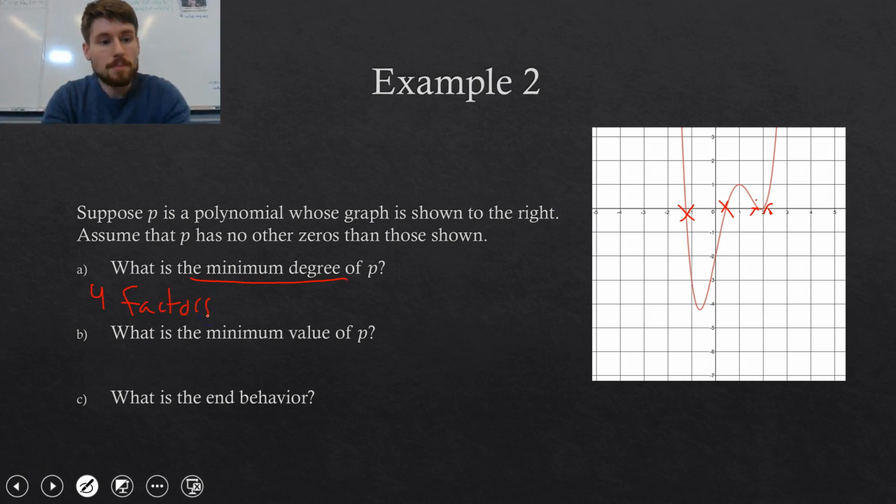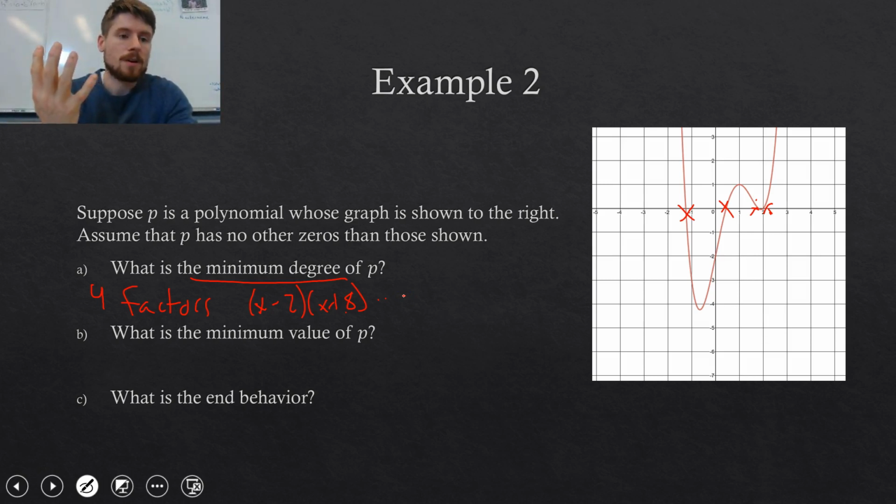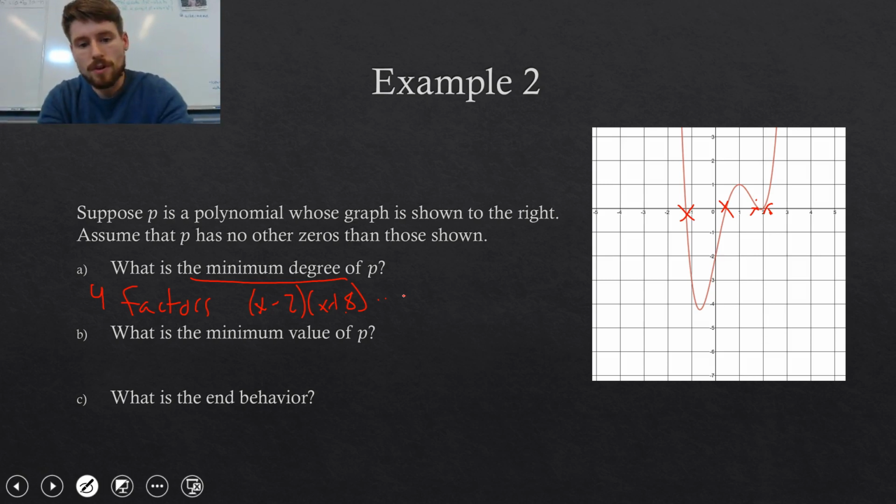I haven't answered the question yet, but basically, if there's 4 factors, you know it's going to look something like x minus whatever that number is, like 2, and x minus 1.8, and each of these factors is going to give us another power. Since there's 4 of them, we're going to have x times x times x times x, which gives us a 4th degree polynomial. So it's at least 4th degree. It could be more, but that's the minimum degree. Okay?